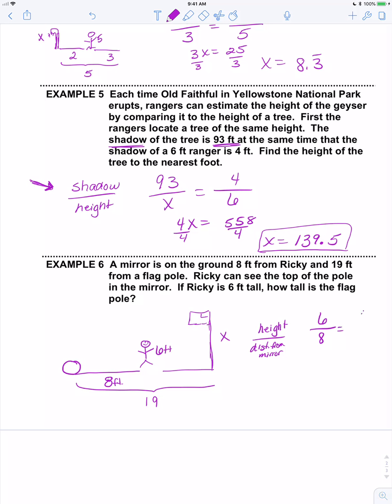The flagpole, we don't know how high it is, but it's 19 feet from the mirror. So cross multiply. 8x is equal to 6 times 19, which is 114. Divide both sides by 8. X is 14.25 is how tall the flagpole is. And that is all in feet. We should be writing those.